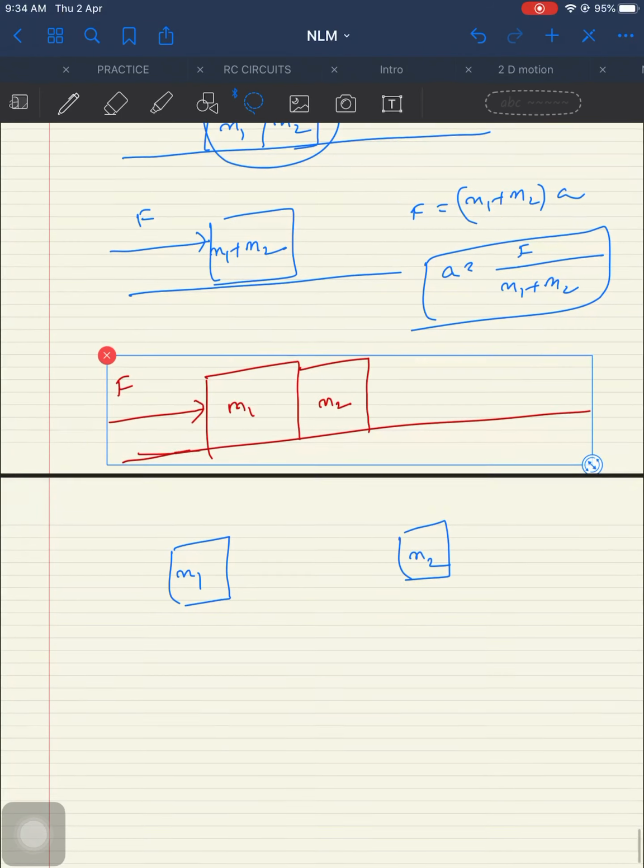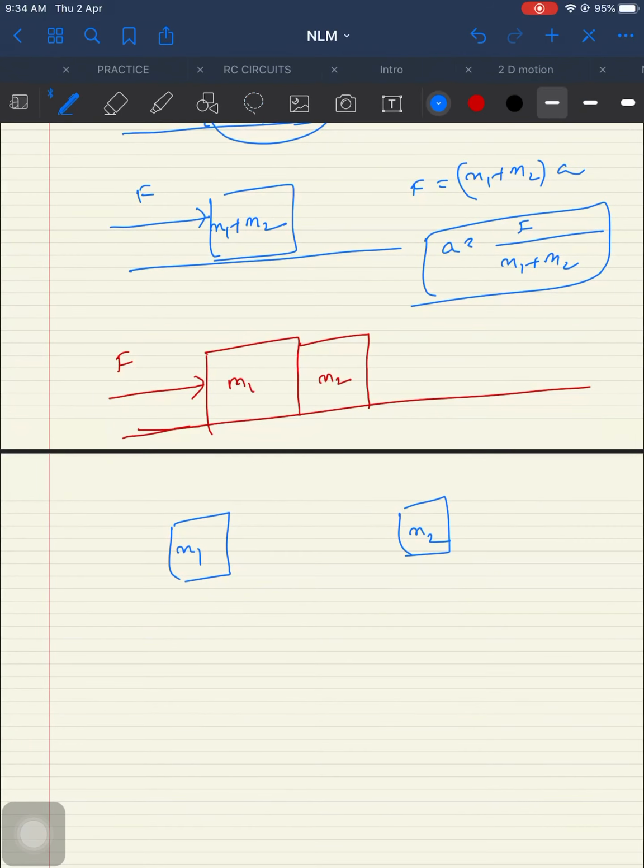If we see carefully, in between the blocks, this is the contact surface. On m1 there will be an opposing force from m2, in this direction it is opposing. Now how is m2 moving? Because of some push from m1. So the normal reaction is acting in both directions.